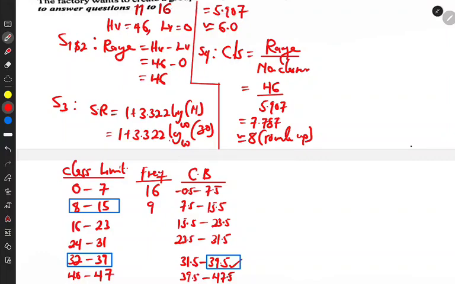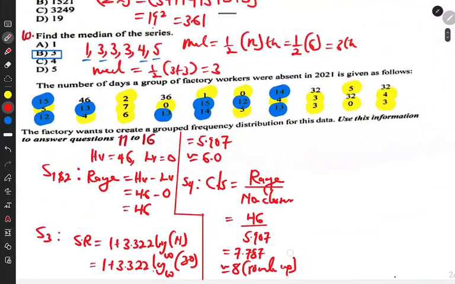Then continue. 16 to 23. Let's see what we have for 16 to 23. In between 16 and 23, what do we get? We go row by row. Then the second row. Then the third row.